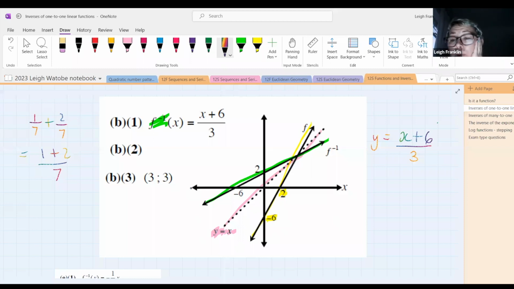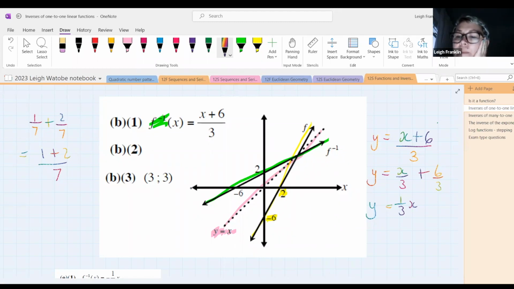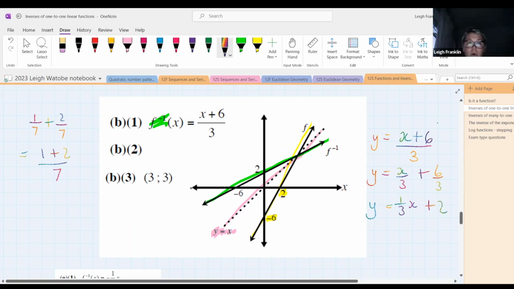That's essentially what we're doing. So we're writing that y is equal to x/3 plus 6/3. Now if x is divided by 3, that is the same thing as taking 1/3 of x. Dividing by 3 or multiplying by 1/3 is the same thing. And 6 divided by 3, that's where the plus 2 would come from.